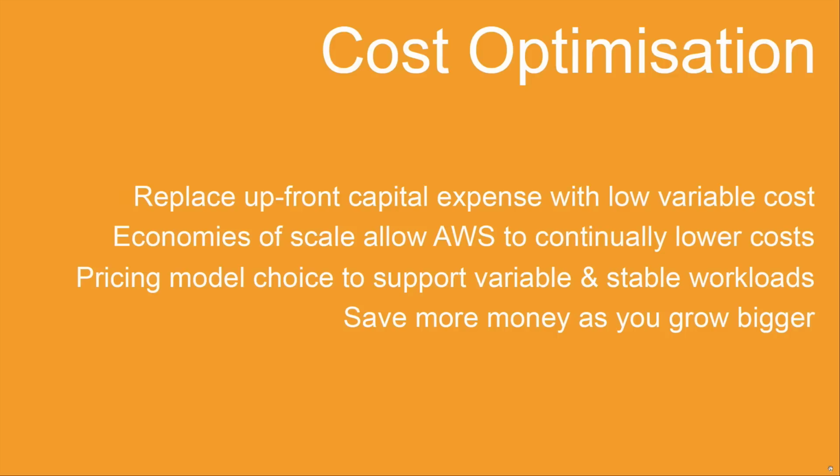So if you deliver your services using AWS services, essentially you can replace the typical upfront capital model for buying IT hardware, software and services with this variable cost model that AWS offers. The economies of scale that AWS can drive as a result of its size can help you lower your costs, and it's important to understand how we go about reducing our costs over time. We'll talk a little bit about that during today's session.